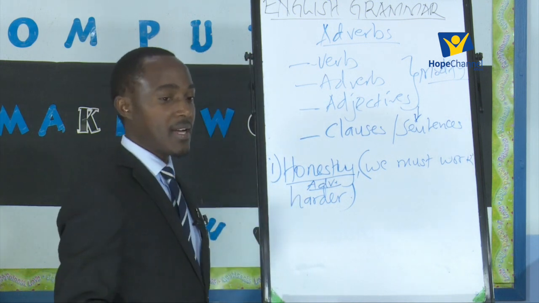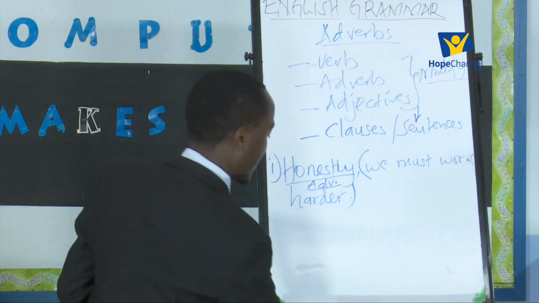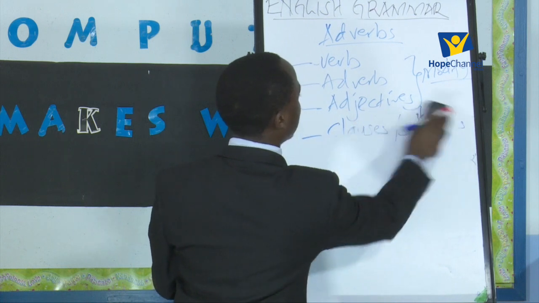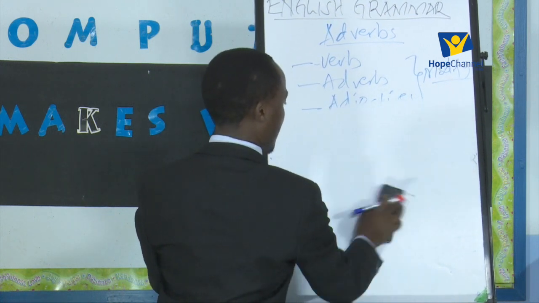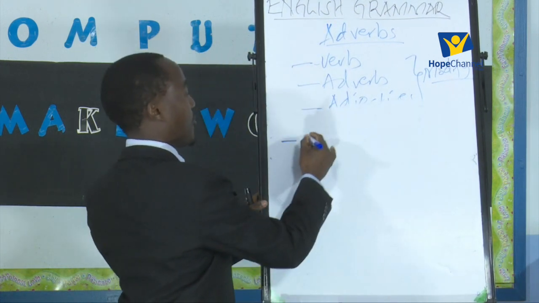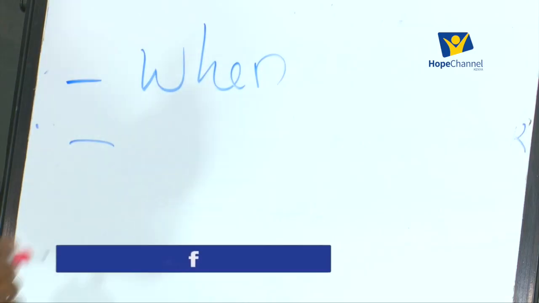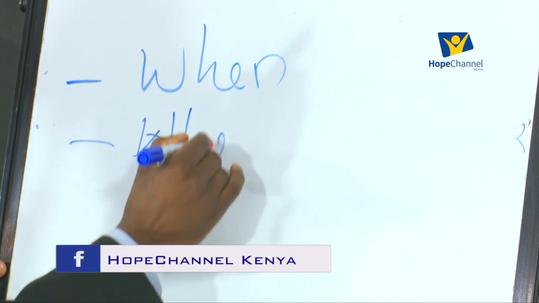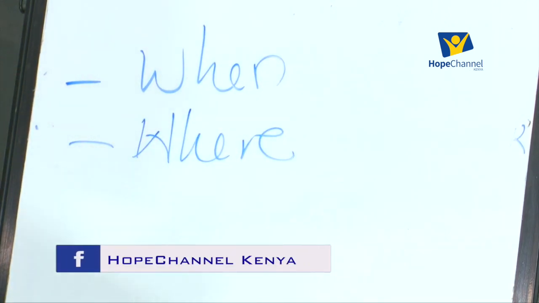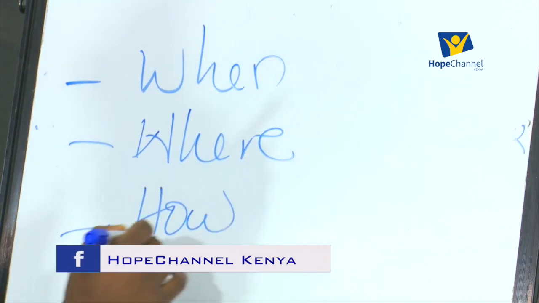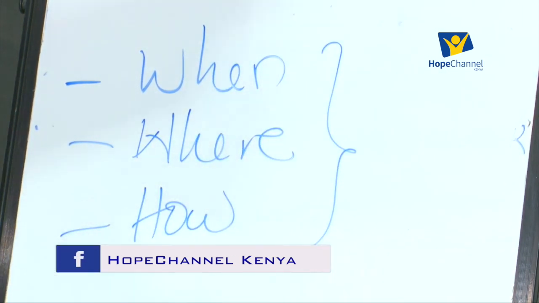Adverbs can also be used to tell us, and in most of the uses in sentences, adverbs tell us when an action takes place, where an action takes place, and how an action takes place. So these are the three major functions of adverbs.